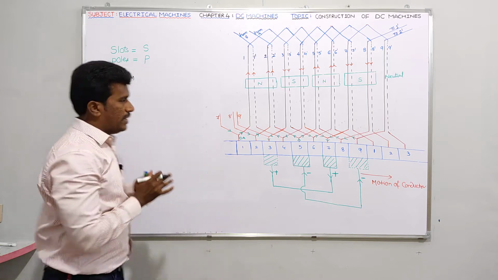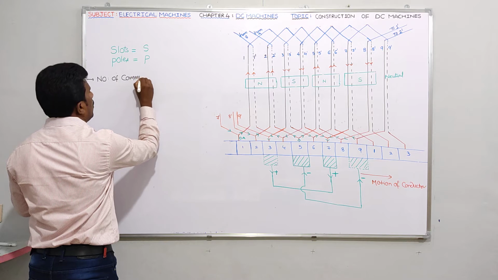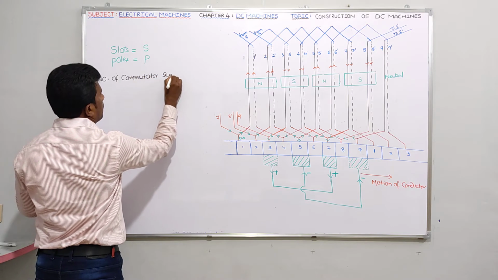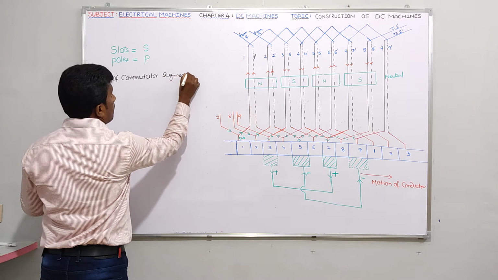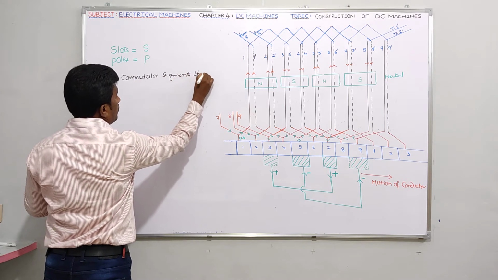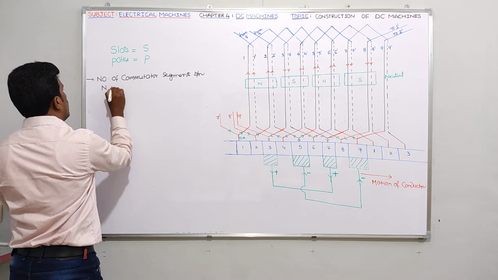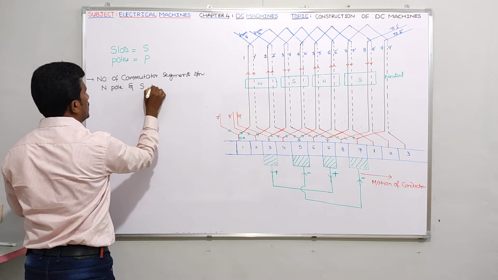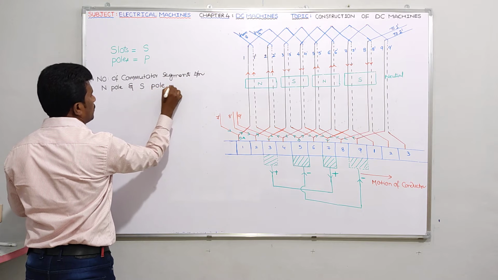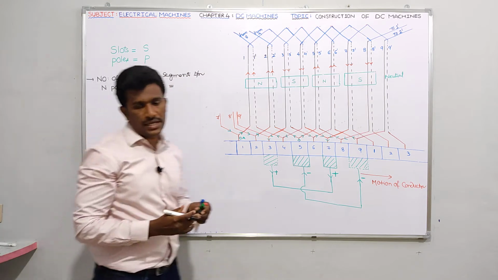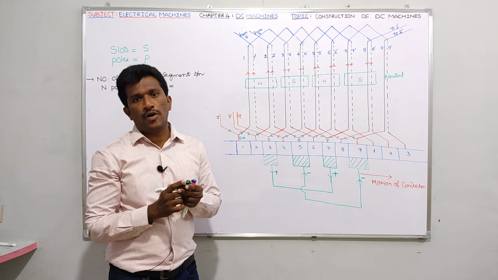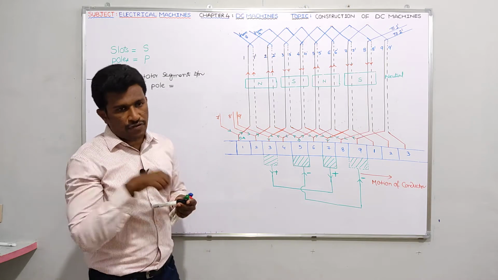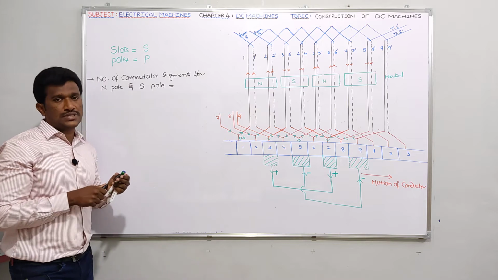Number of commutator segments between the north pole and south pole equals what? What might be the formula? I am asking for the number of commutator segments between the north pole and the south pole, in terms of slots and poles.